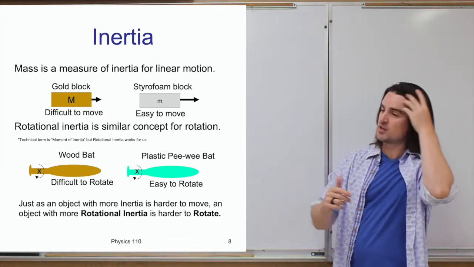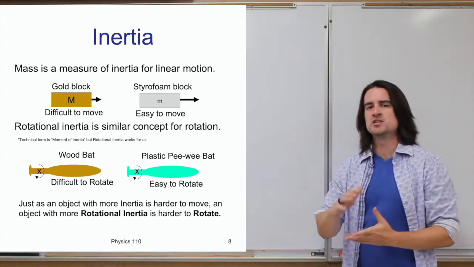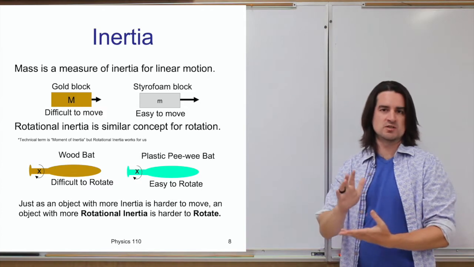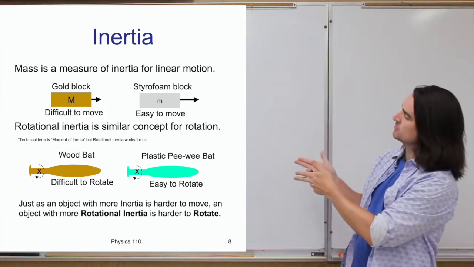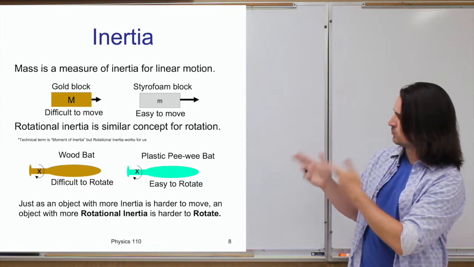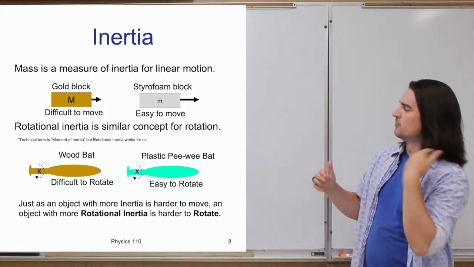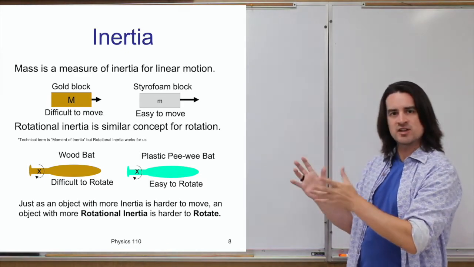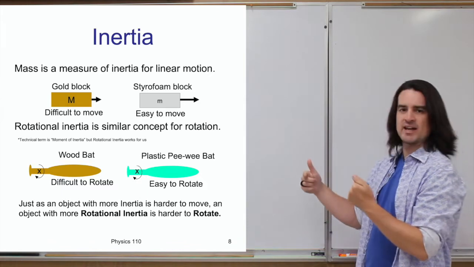And again, since we're talking about rotation, it's a little bit more complicated in that we need to specify a specific axis of rotation. So like in the case shown here, we have, say, a wooden bat versus a plastic bat, but they're the same size, the same shape, and we're trying to rotate about an axis going through the handle of the bat.